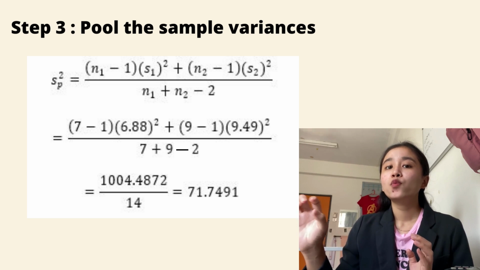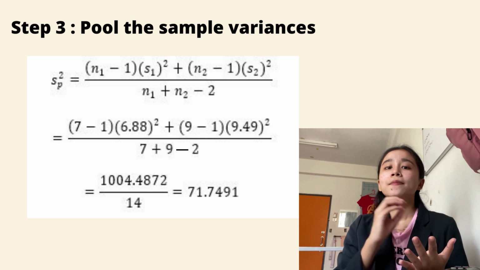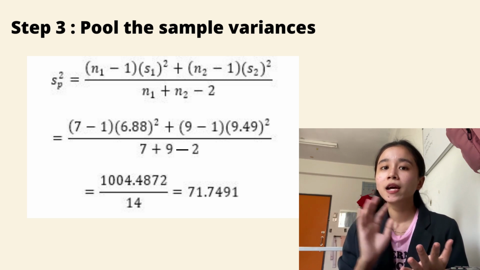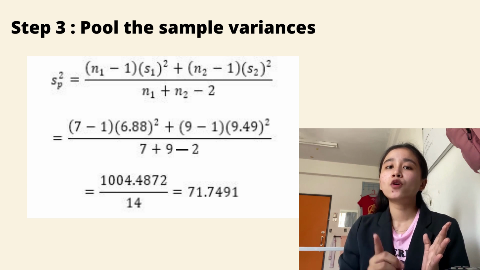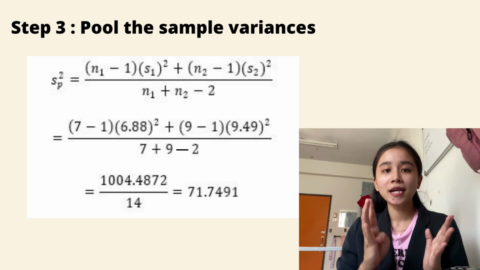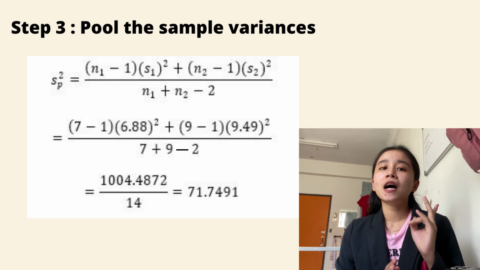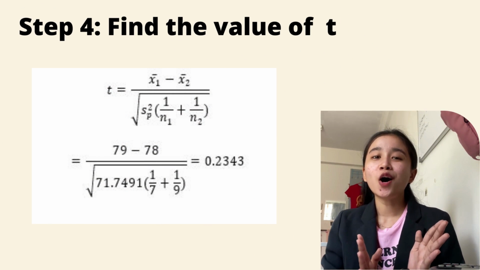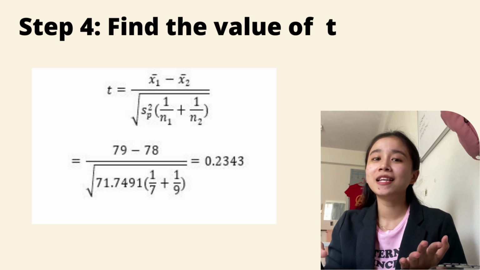We divide this by the sample size for women plus the sample size for men, which is 7 plus 9 minus 2, so we get 14. 1004.4872 divided by 14, we will get 71.7491.